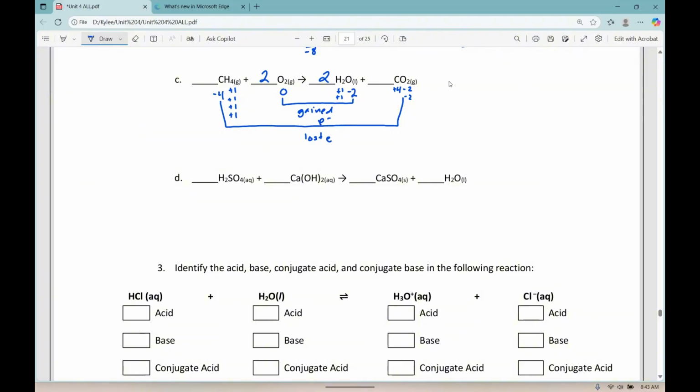So remember our saying, LEO: if you lose electrons, that's oxidation, and if you gain electrons, that's reduction. So carbon lost electrons, that means it was oxidized. And then oxygen is the one that gained electrons, so that one is the one that's going to be reduced.